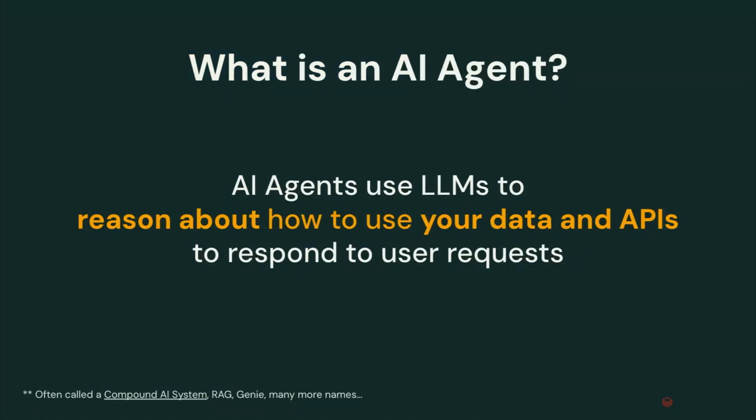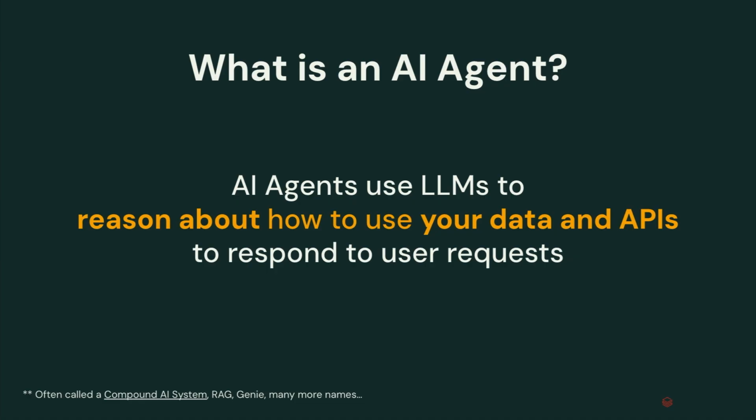All right, so let's start with the basics. What is an AI agent? An AI agent uses a large language model to decide how to call APIs or query data. It reasons based on user requests which tool, function, or dataset to invoke.